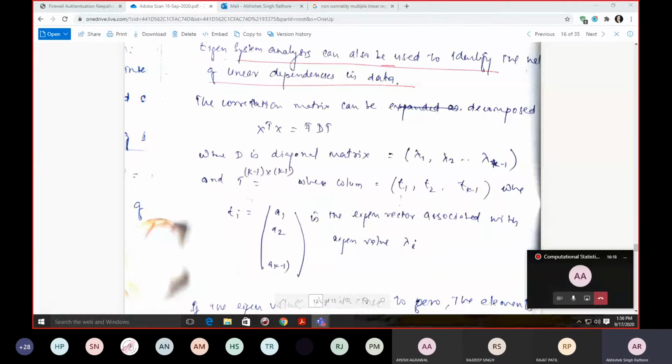For t2 we have a21, a22 up to a2 k minus 1. Then we have the diagonal matrix with lambda 1, lambda 2, lambda 3 on the diagonal and 0 elsewhere, up to k minus 1 values.